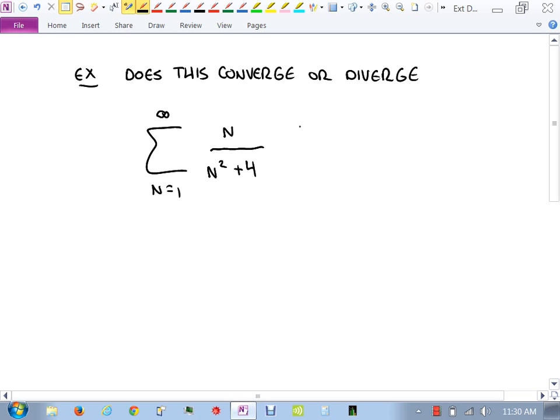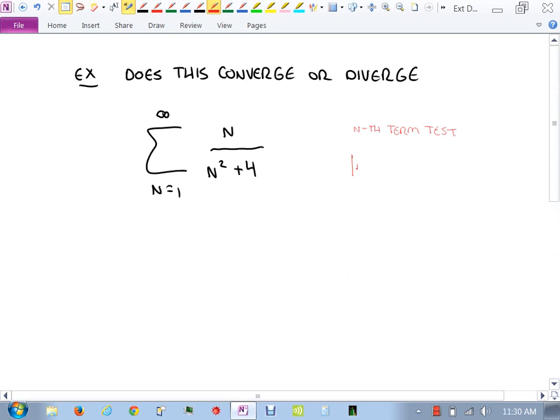All right, real quick, the first thing I'm going to do is the nth term test. So that means I'm going to take the limit as n goes to infinity of the sequence inside, which would be n over n squared plus 4.